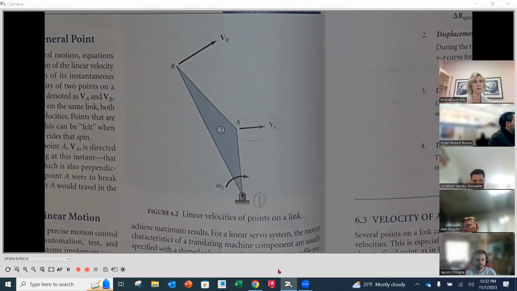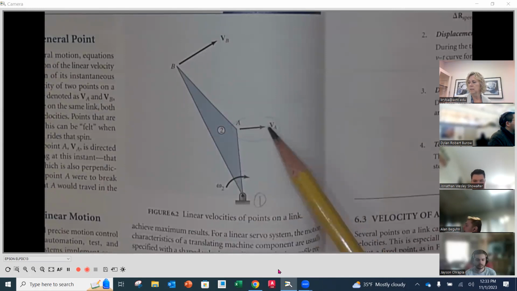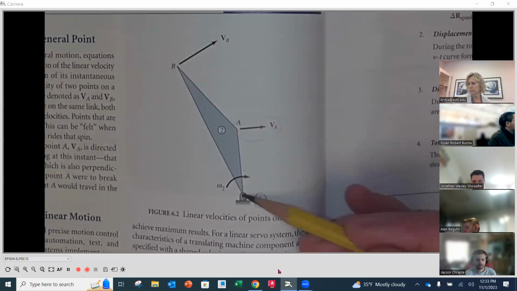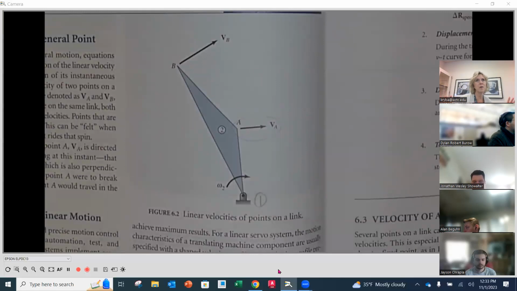But as soon as they don't have to be on there anymore, meaning the link stops suddenly, they are going to continue in a straight line. And that's what this straight line velocity component of that point represents. Now at the center right here, there is no straight line velocity, because that's the center of rotation.